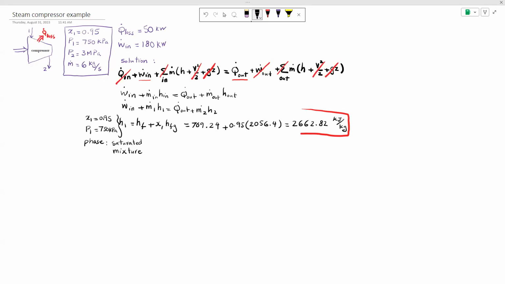W dot in given, M dot 1 given, H1, we know it now. Q dot out is given, M dot 2. We notice that mass conservation tells us that M dot 1 and M dot 2 are the same because it's a steady flow device. Now we can plug into this equation.